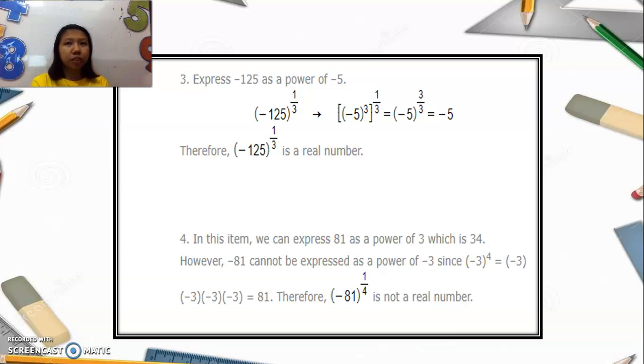And then 9 times negative 3, the answer will be negative 27. And then lastly, negative 27 multiplied by negative 3, so the answer will be positive 81. So therefore, it will not satisfy the condition wherein we need to have negative 81 as the value for the radicand. So that's why it is not a real number.